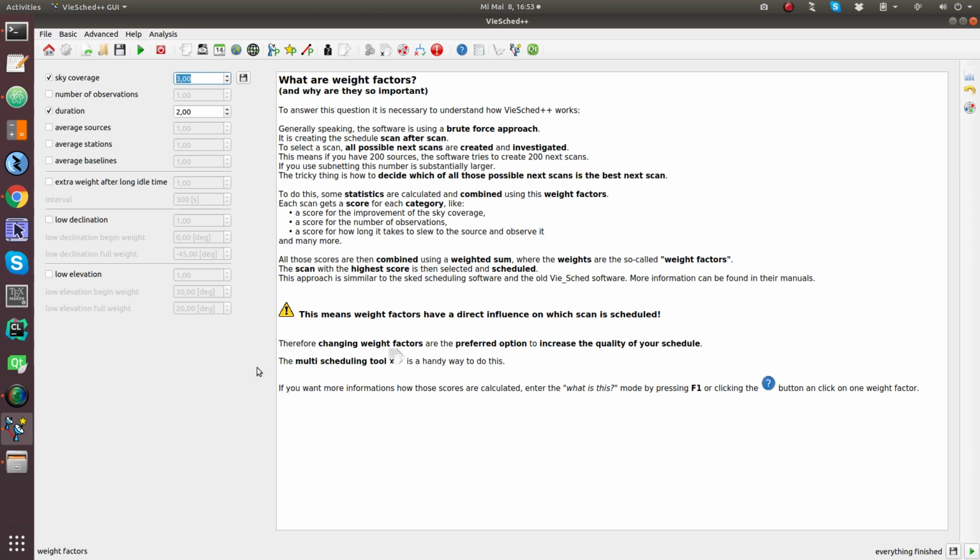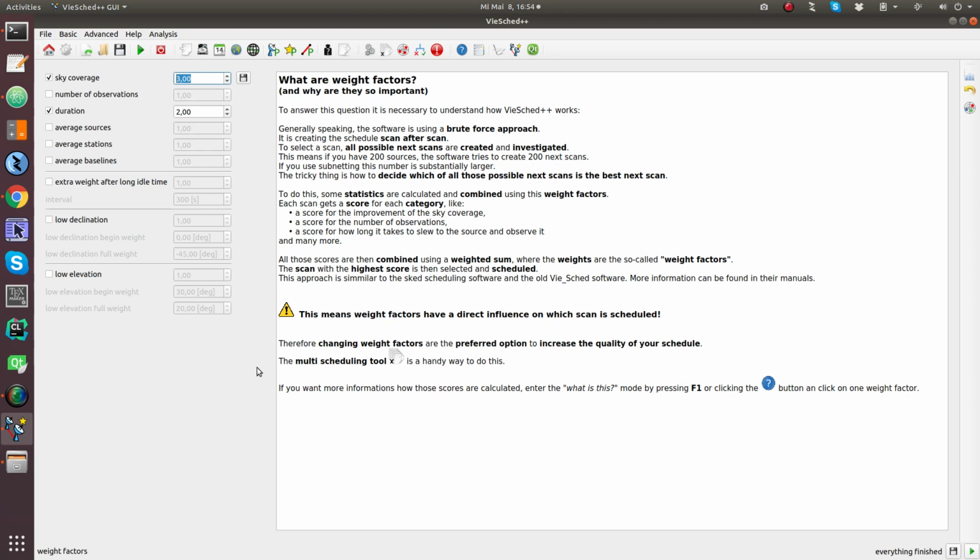Then the whole process starts again. Every possibility is created, a score for every possibility is calculated, the final score is calculated based on the weighted sum using the weight factors, and then the scan or scan combination with the highest score is again scheduled, and it starts again.